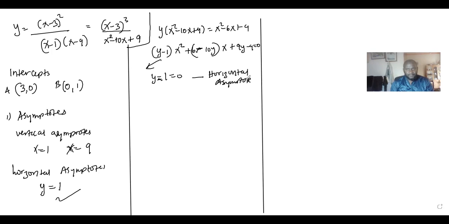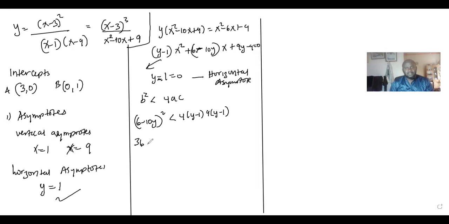All right. Now we need to find the region where the curve does not exist. We shall have b squared less than 4ac for no real roots. So we shall have (6 minus 10y) squared less than 4 into (y minus 1) into 9 into (y minus 1).